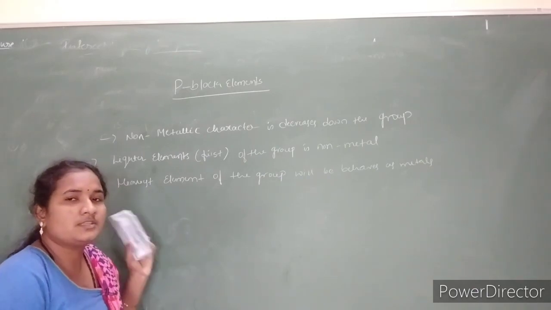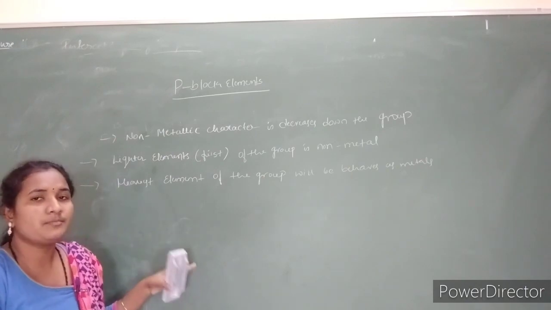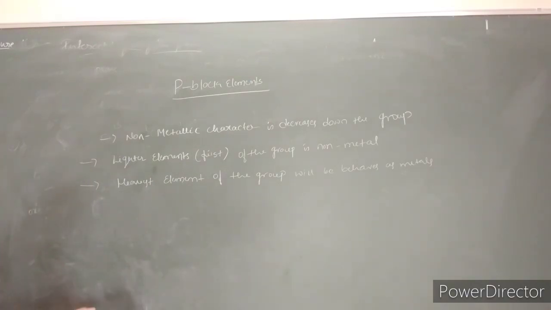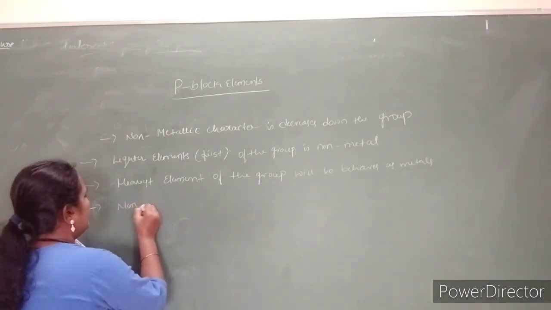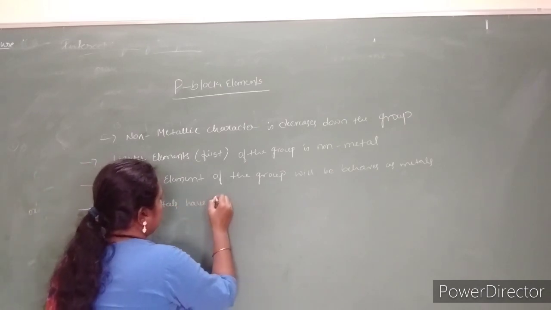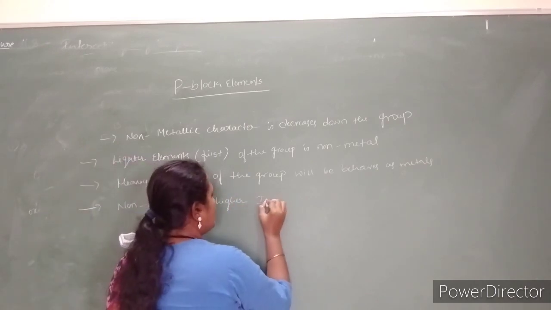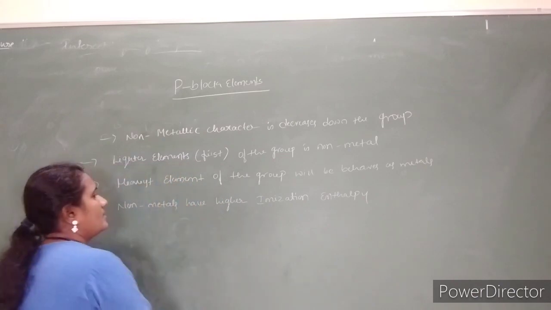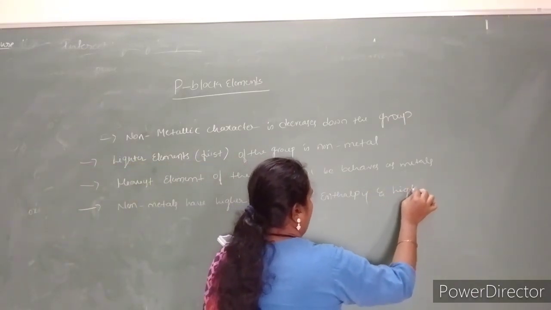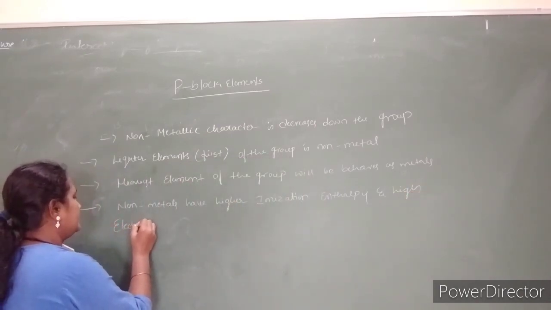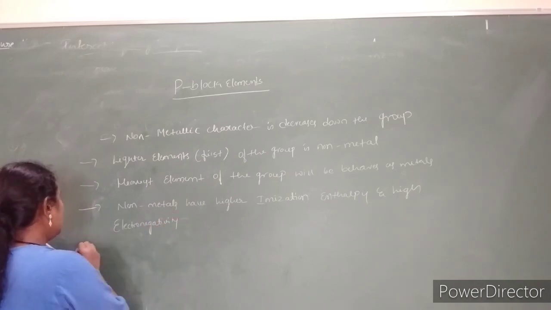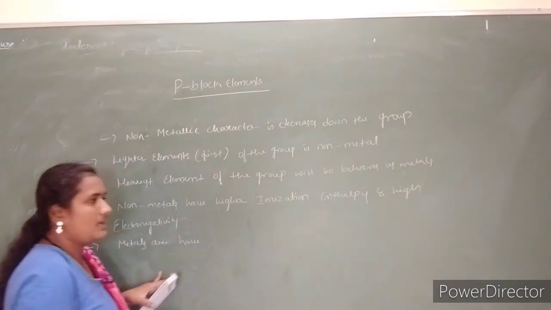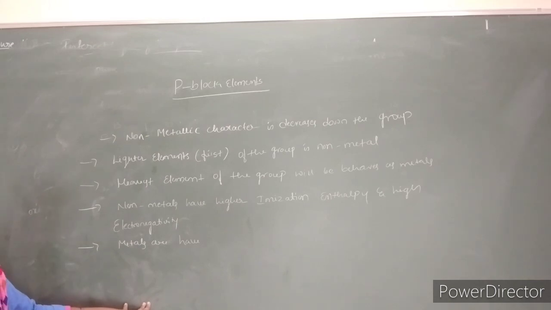The non-metals show higher ionization enthalpy as well as higher electronegativity, but the metals, compared to these non-metals, have low ionization enthalpy and low electronegativity.